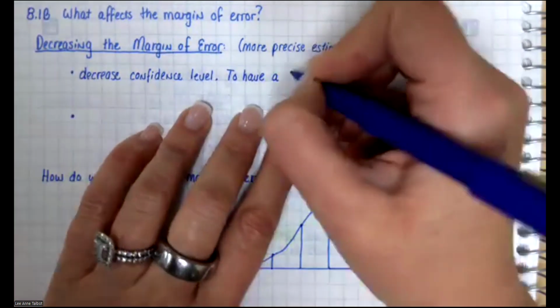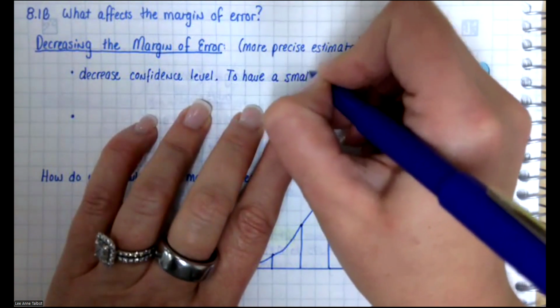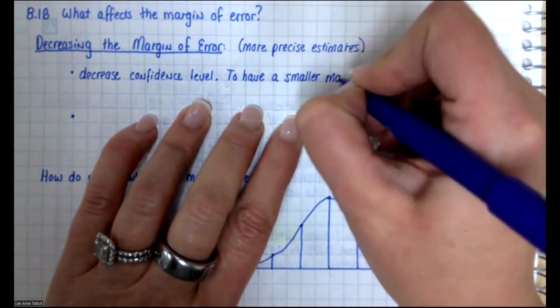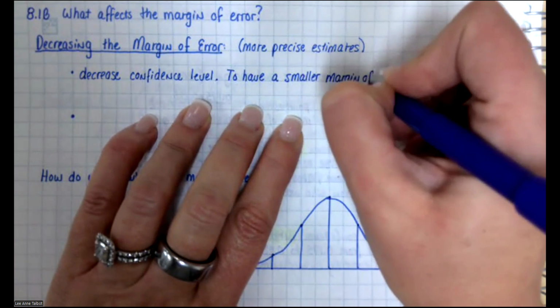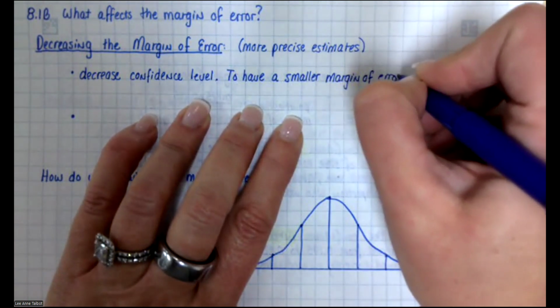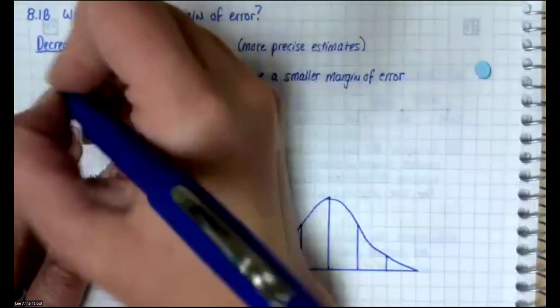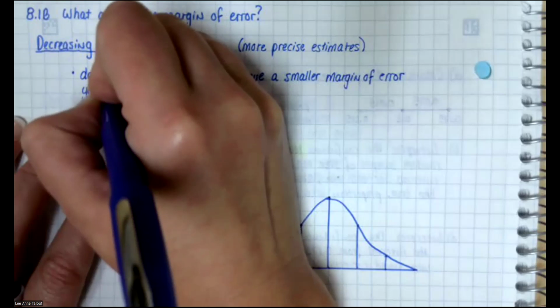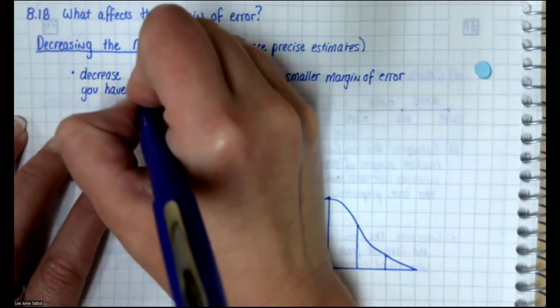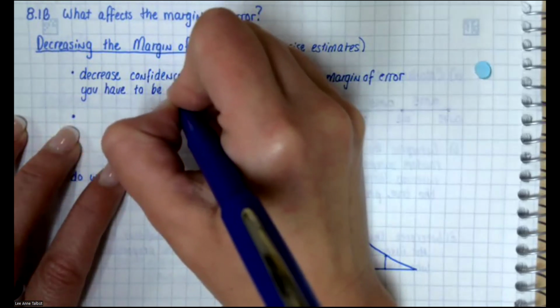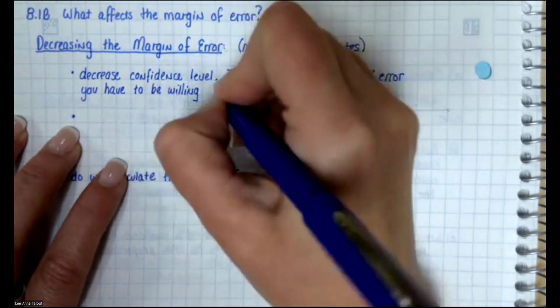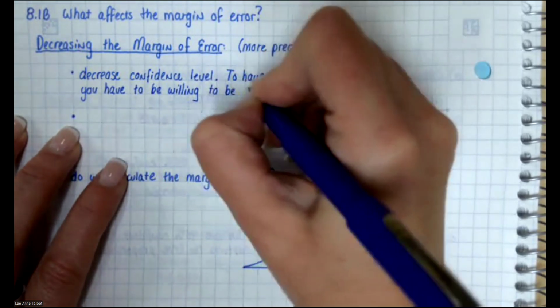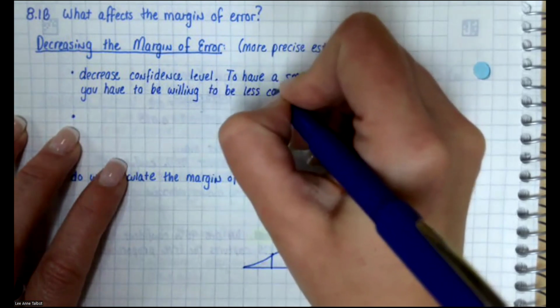To have a smaller margin of error, you have to be willing to be less confident.